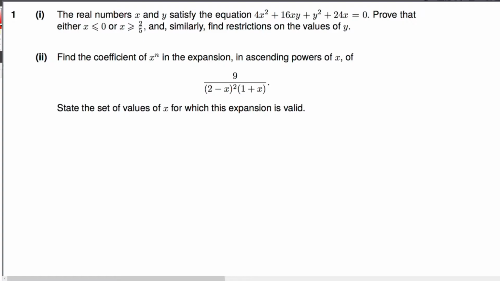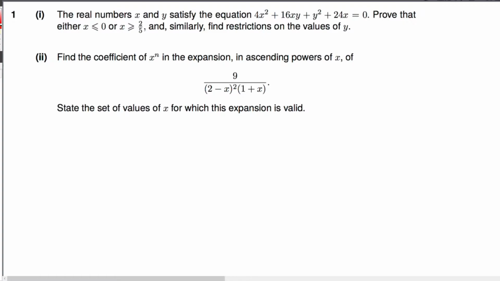The logical jump that you need to make is to realize that because x and y are related together in this quadratic system, and we know that in some cases a quadratic equation can cause the unknown within it to be imaginary or complex rather than real, the restrictions on a quadratic equation which force the unknown to be real must be the same sorts of restrictions that apply to this equation if you want to force either x or y to be real.